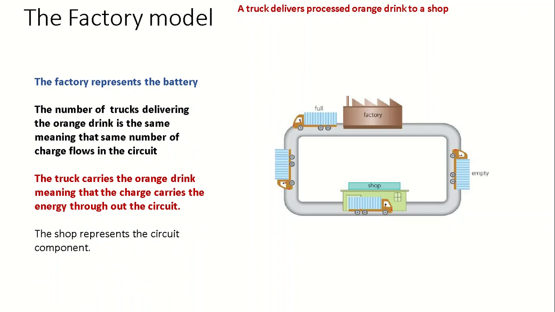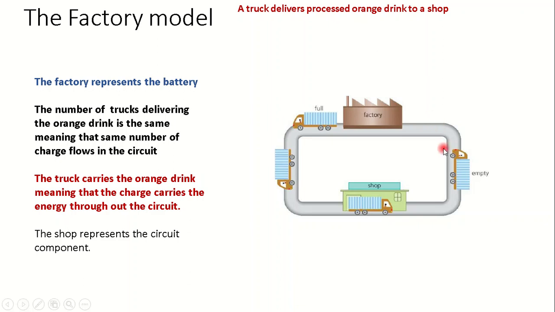Another model we have here is the factory model. In the factory model, the factory actually represents the battery. Let's assume that the factory produces orange drink to be supplied to a shop. The truck represents the flow of charge, or the moving truck.